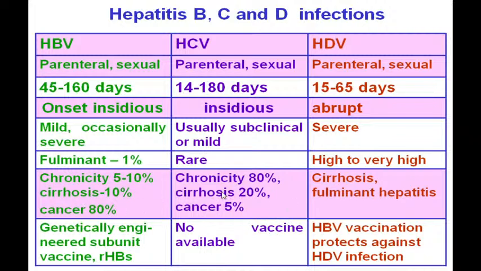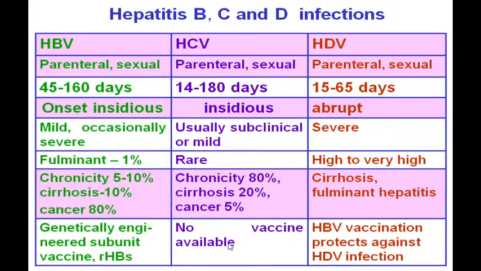Hepatitis C also has an oncogenic potential, but much lower. For hepatitis D virus, cirrhosis is typical, but fulminant hepatitis is most typical. And I will add not only prevention but also treatment of these diseases. For hepatitis B, there is a very good vaccine, everyone is vaccinated, but no good treatment.